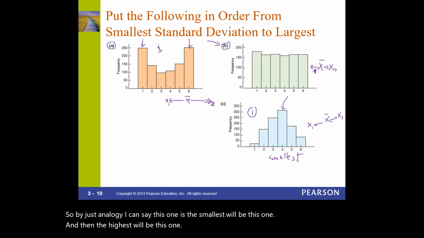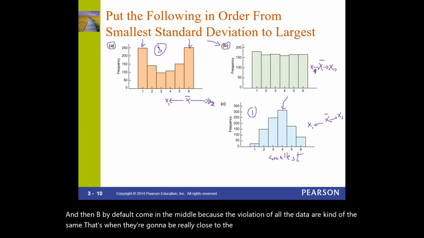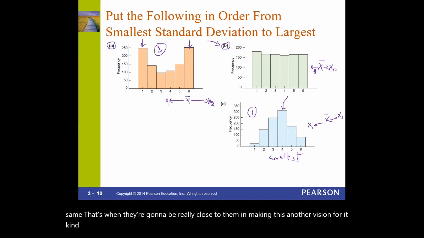That'll be the highest one. And then B by default will come in the middle, because the variation of all the data is kind of the same. That means they're going to be really close to the mean, making the standard deviation kind of smaller compared to A, while A has a larger variation.